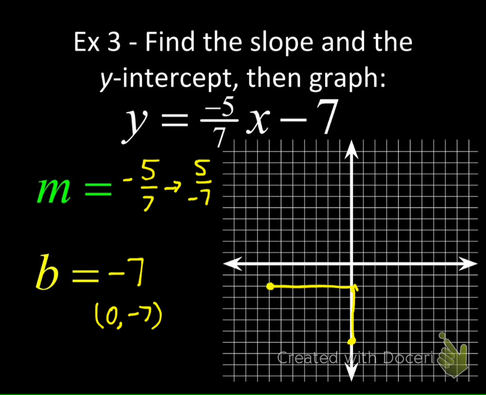That's right here. Okay? And so imagine, like I was just pointing out to Kaylon, if we were working with -5/7, I would go down 5 and right 7. So if you can imagine the point over here, the line just continues. Okay? So then go ahead and draw your line.